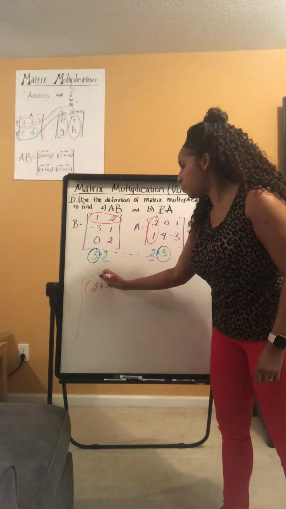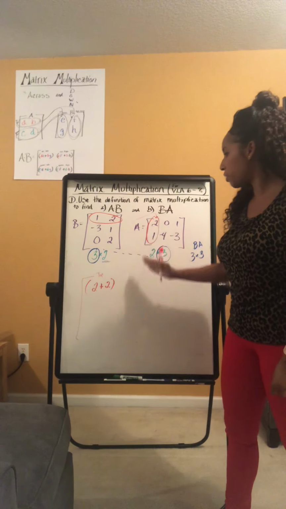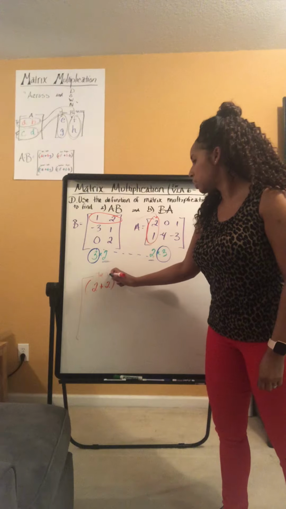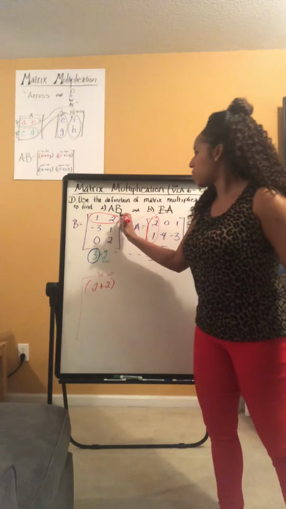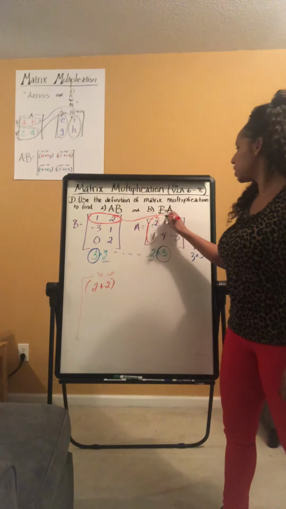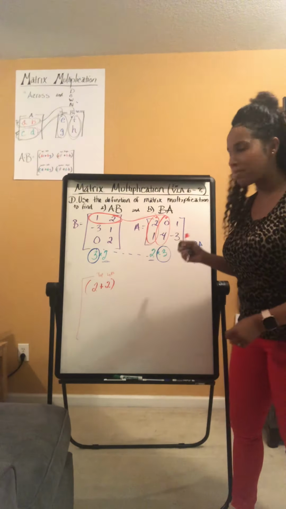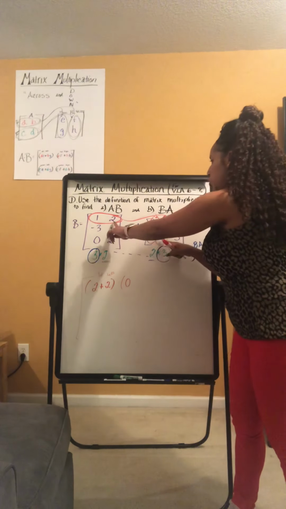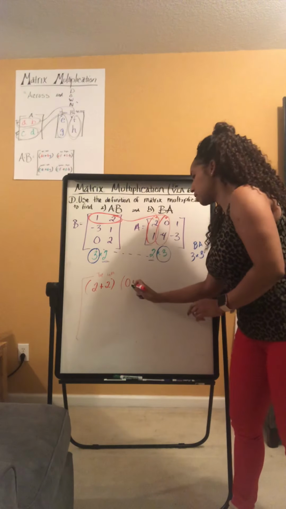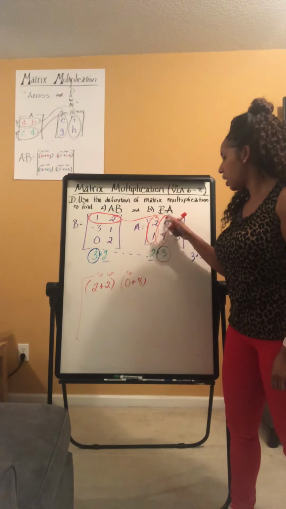That came from the top row, so it goes on the top, and it was the left column. Then I send this same row down the middle column. 1 times 0 is 0, and 2 times 4 is 8, plus 8. That came from the top and the middle.